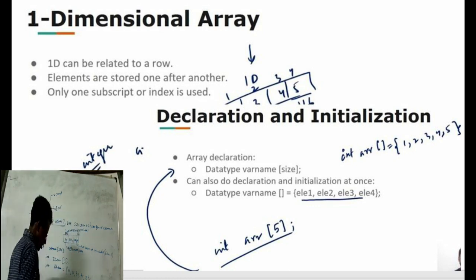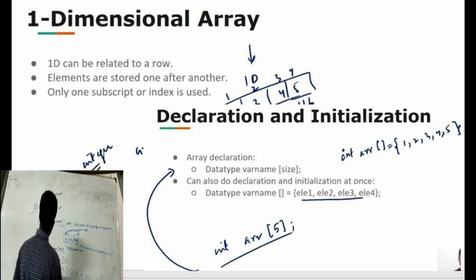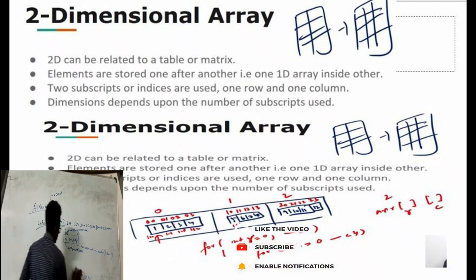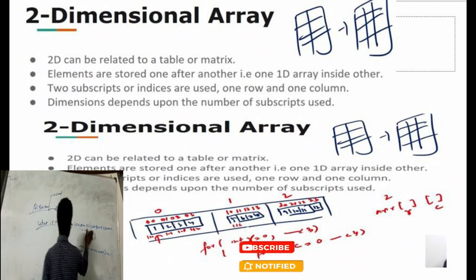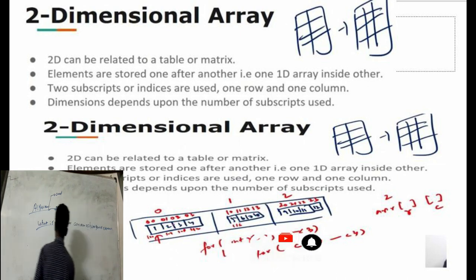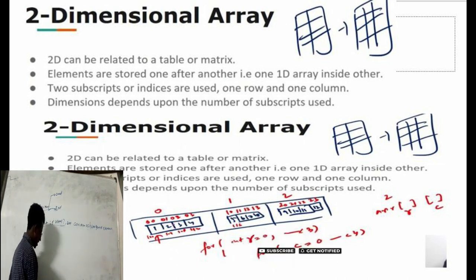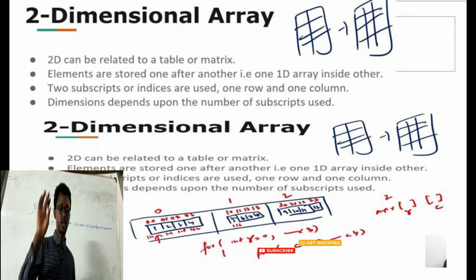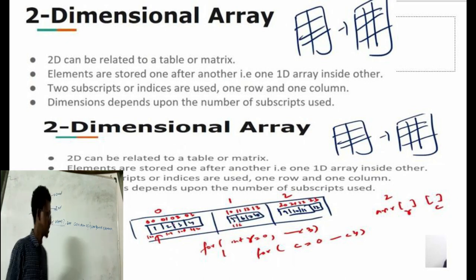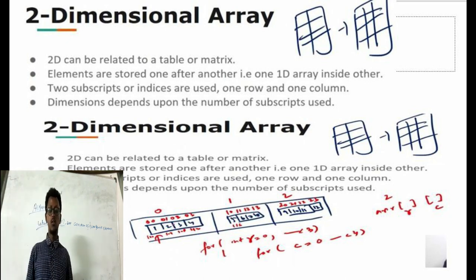When it comes to multidimensional or 2D arrays, the definition is the same, but we add an additional nested element value. 2D can be related to table or matrix manipulation, or row and column problems.